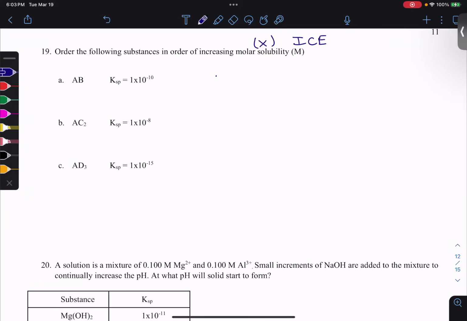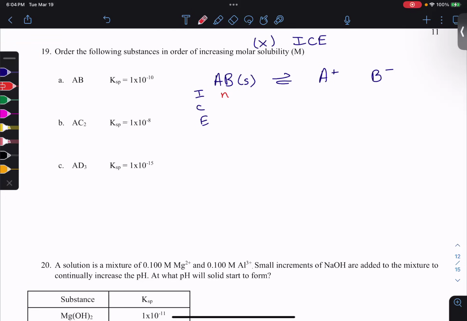So when you write out a Ksp expression for AB, this is the general form, you throw AB solid into water, it splits up into what? A+ and B-. Those are both aqueous. So when you draw out an ICE table, you throw a random amount of solid in.